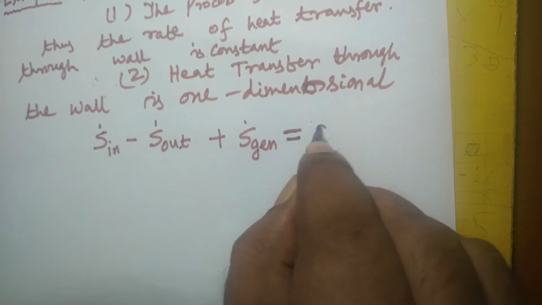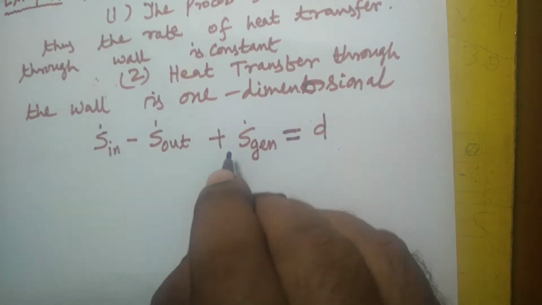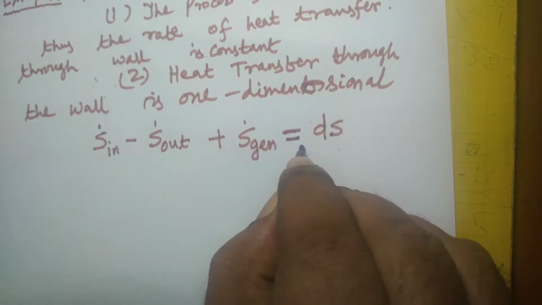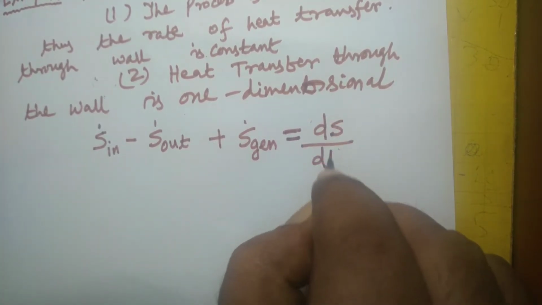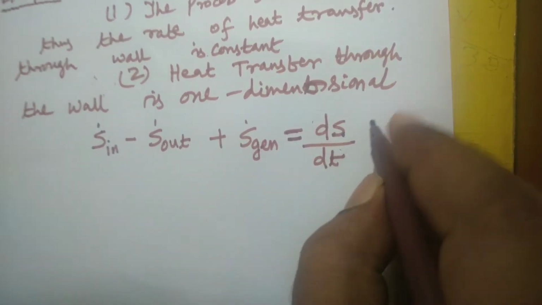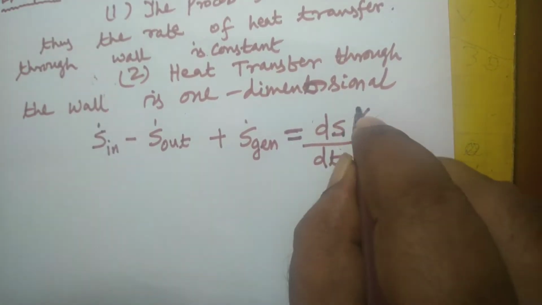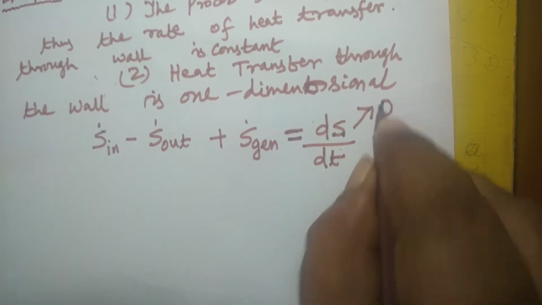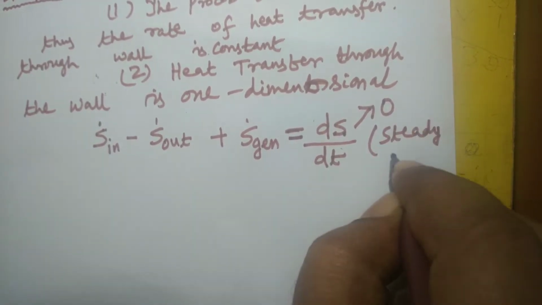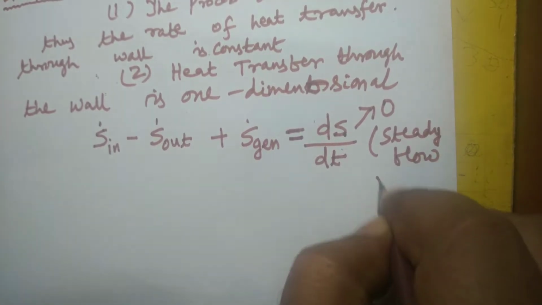This is equal to dS by dt, since all these terms are expressed in rate form. This is the rate of change of entropy, and this is 0 for a steady flow process. We have already assumed that this is a steady flow process.